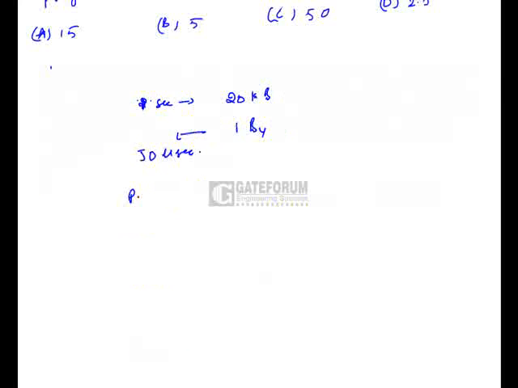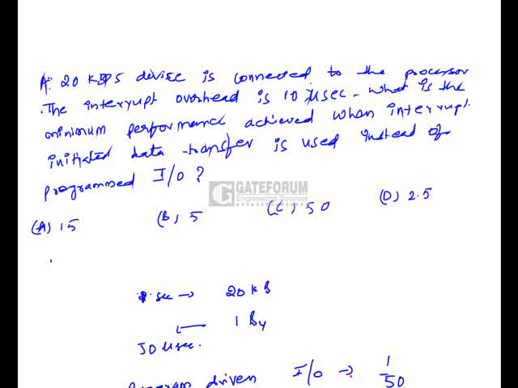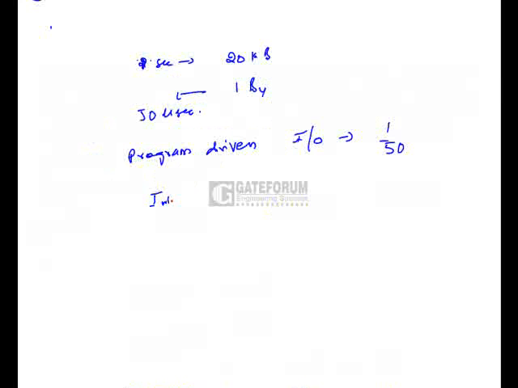So program driven input output would be 1 by 50. Here interrupt overhead is given as 10 microseconds. That means interrupt driven input output would be 1 by 10 microseconds.